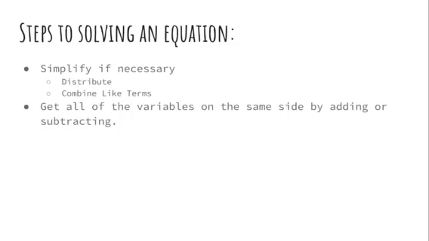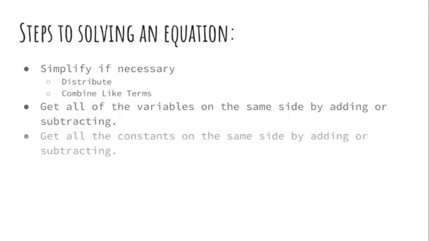The next thing you want to do is look to see if those variables are on the same side or not. If they're not, you want to get all of those variables on the same side by either adding or subtracting. The next thing you want to do is get all the constants, those plain numbers, on the same side.